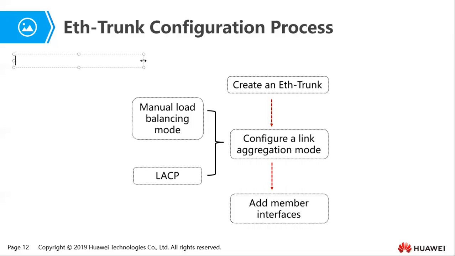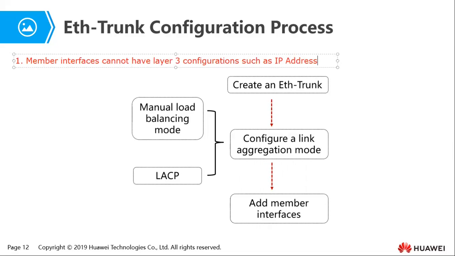There are some rules that you should consider when you're configuring an Ethernet trunk. For example, member interfaces cannot have layer 3 configurations, such as IP addresses.